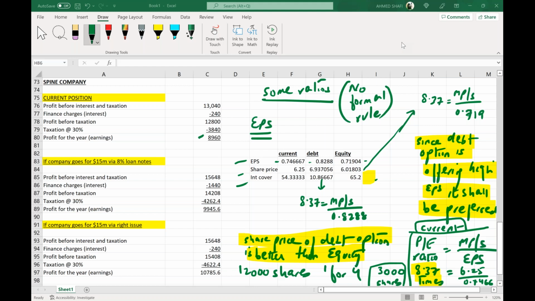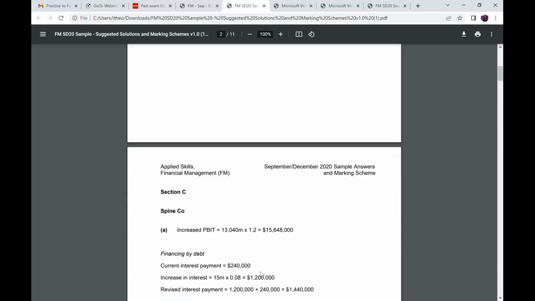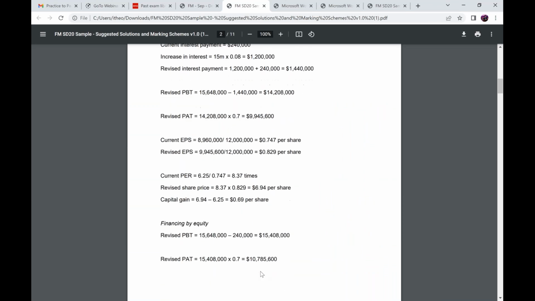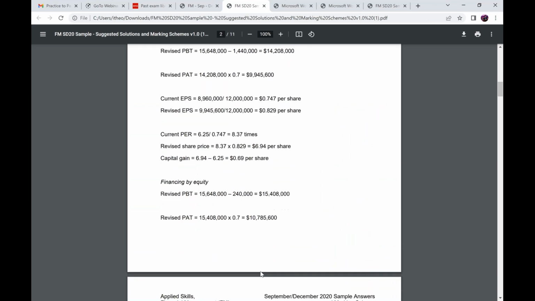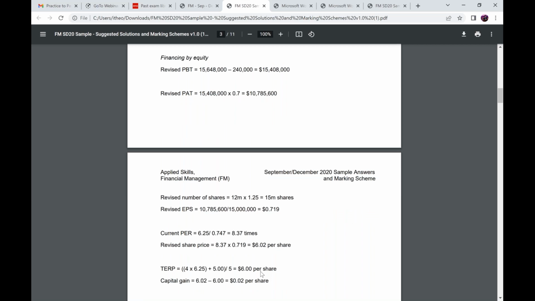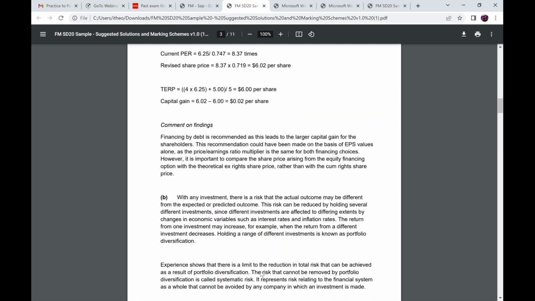I will be opening the examiner answer in front of you. See, here is the examiner answer. He has calculated the PBT, PAT like we did, EPS, share price. He has calculated one extra thing, capital gain, which is obviously not necessary. And after all calculations, just look at his comment on findings.